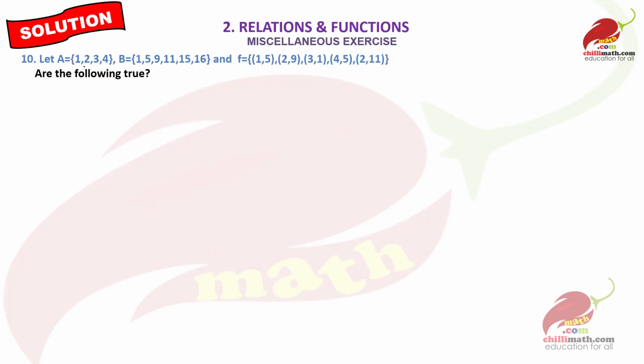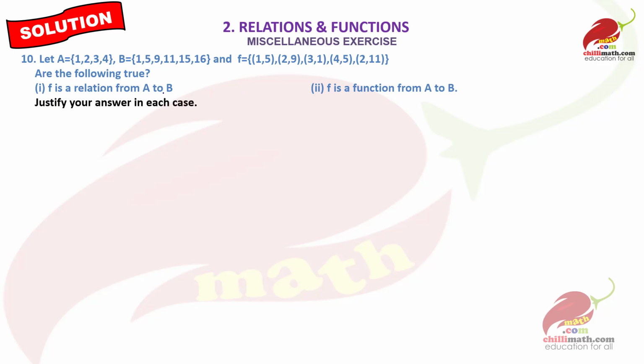Tenth question is, let A = {1, 2, 3, 4}, B = {1, 5, 9, 11, 15, 16} and F = {(1, 5), (2, 9), (3, 1), (4, 5), (2, 11)}. Are the following true? F is a relation from A to B. Let us draw an arrow diagram to understand it better.